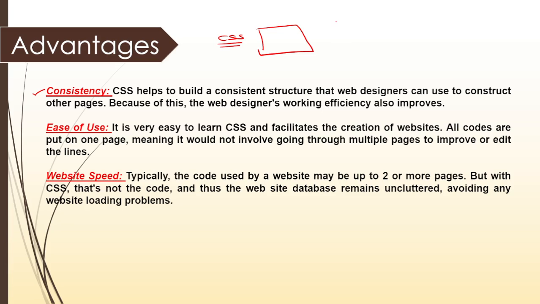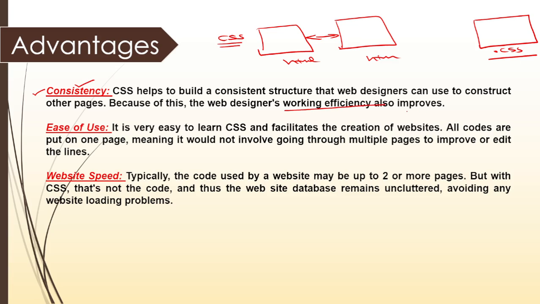This means, suppose I have two HTML pages, and if I want to use the same properties in both pages, I can use an external .css file, right? So this is how we can say that CSS is always consistent, and because of this the web designer's working efficiency also improves.